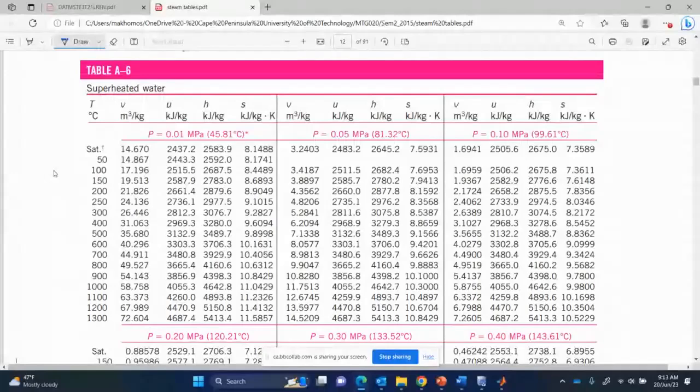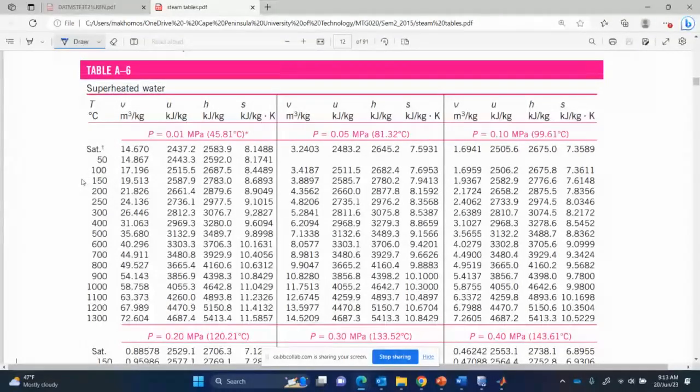So because we are doing superheated steam, we have temperature. Let's say, for example, we are looking for the enthalpy of superheated steam at 300 degrees Celsius.